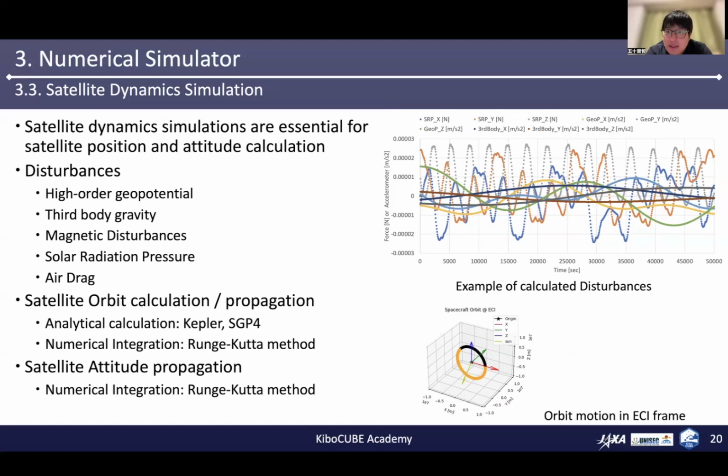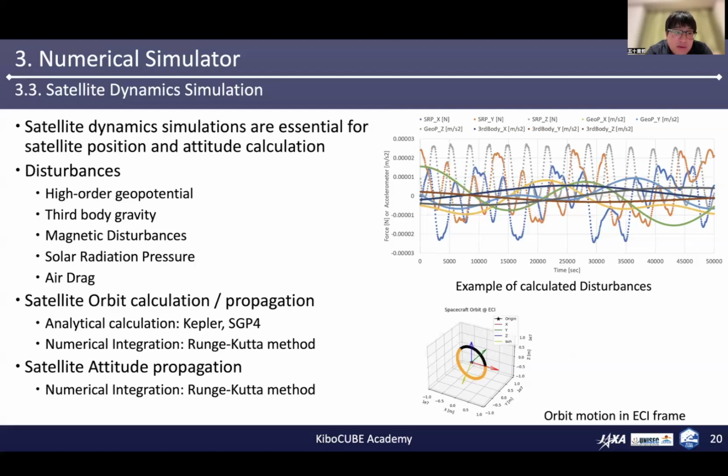The disturbances include the high-order geopotential, third body gravity effect, magnetic disturbance torque, solar radiation pressure acceleration and torque, and air drag acceleration or air drag torque. By using this disturbance information, we can calculate or propagate the satellite orbit or attitude.